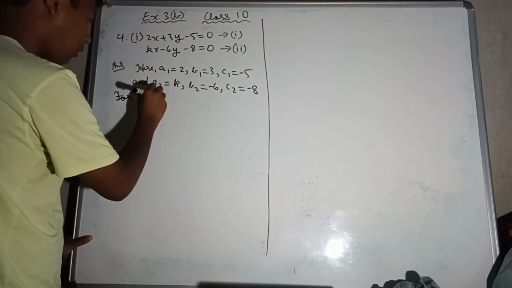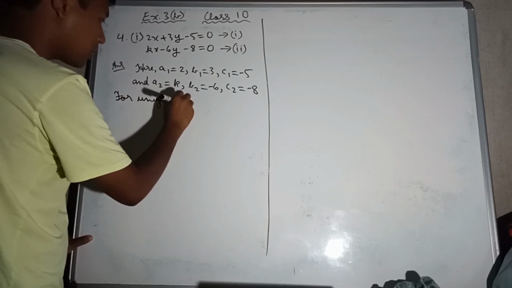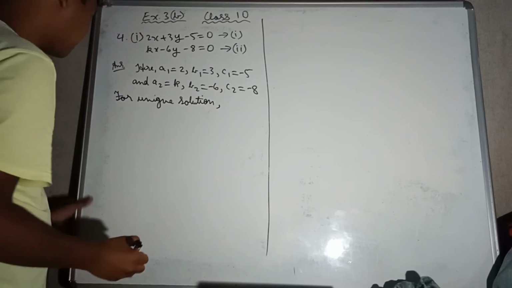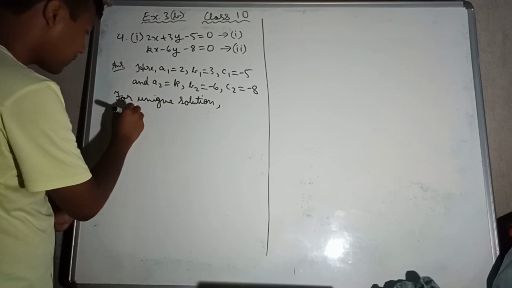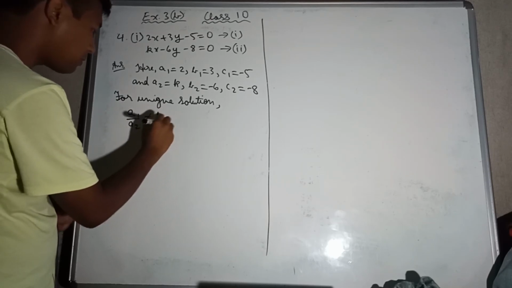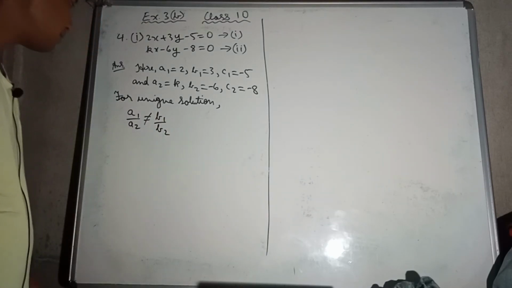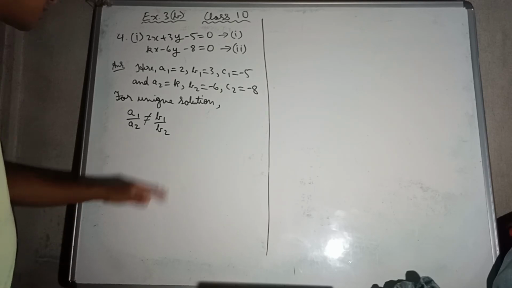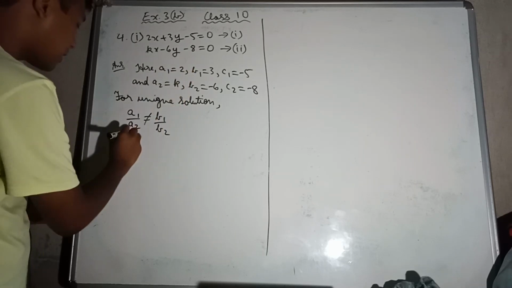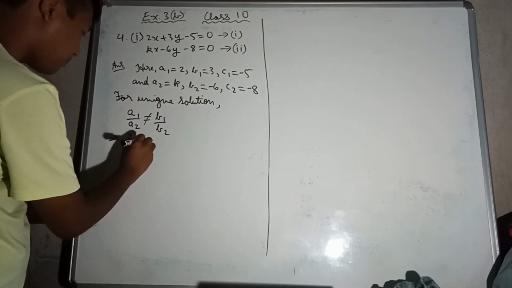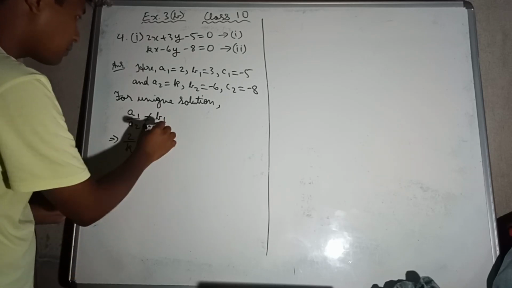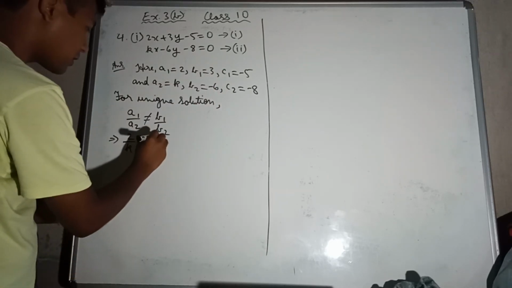For a unique solution, a1 by a2 is not equal to b1 by b2. So this implies a1 by a2, 2 by k, is not equal to b1 by b2, 3 by minus 6.